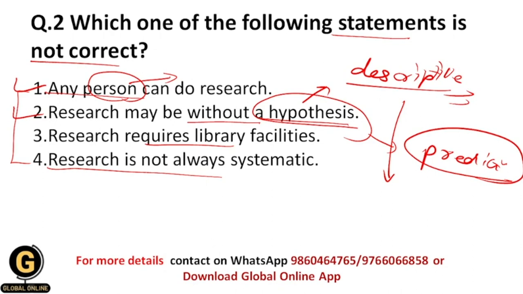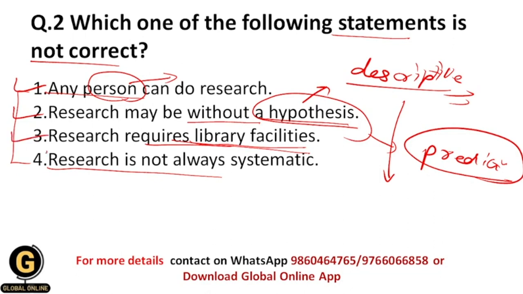Research requires library facilities. Yes, basically when we have library facilities, then obviously academically it is really very helpful for all of us to tackle our research processes easily, right? And that's why this is also a correct statement.